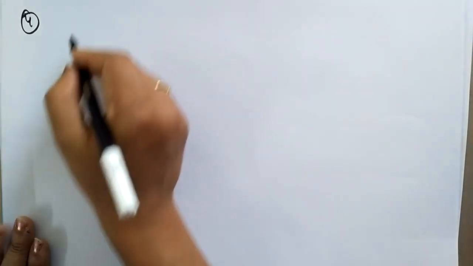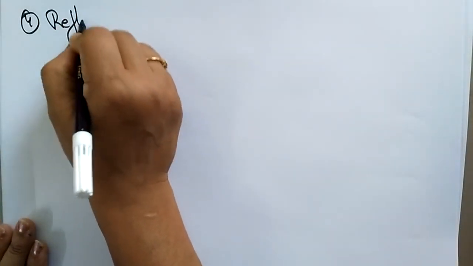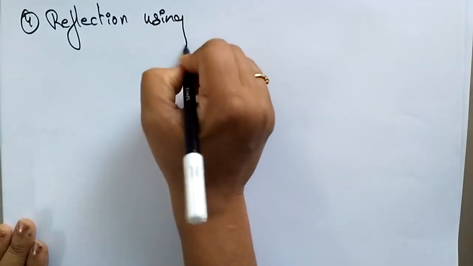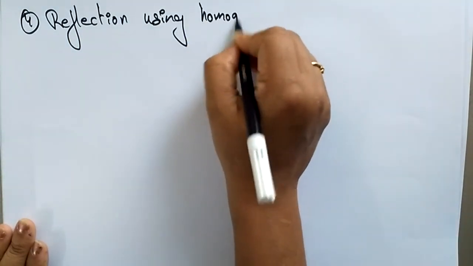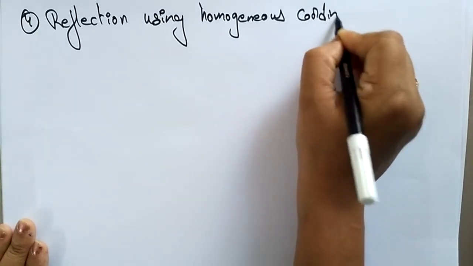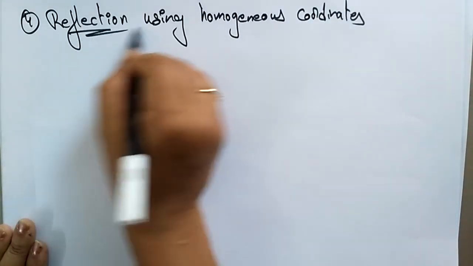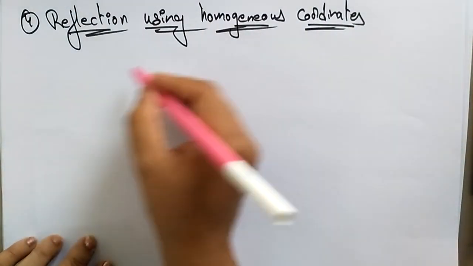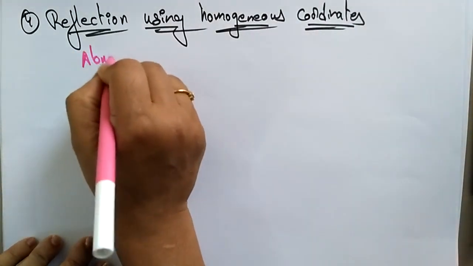Now the fourth one, reflection using homogeneous coordinates. Reflection is a mirror image, so it can be done along the x-axis and y-axis.